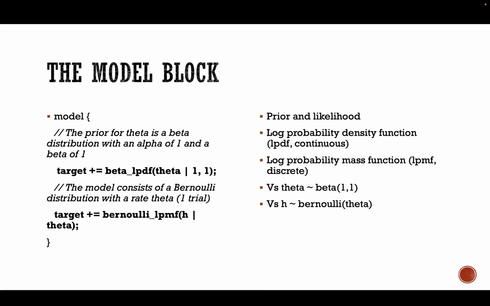A density function is simply the distribution of a continuous variable. A mass function is the equivalent, but it's the distribution of a discrete variable. So a Bernoulli would have a probability mass, while a normal would have a probability density, because the normal generates a continuous outcome.